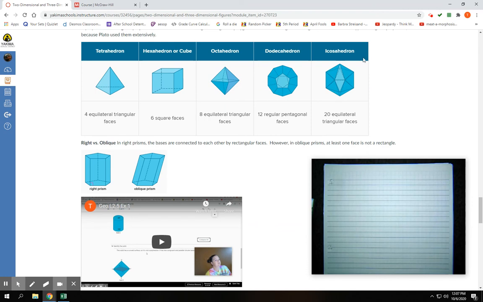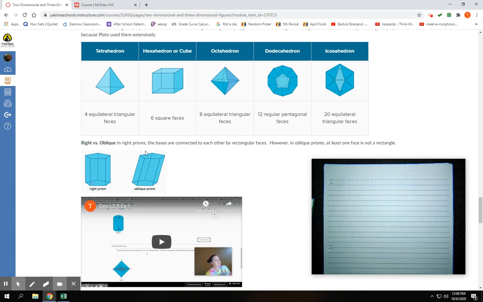I do not expect you to memorize those in any way, shape, or form. They're on our Canvas page, so you can jot them into your notes, but I don't expect you to memorize any of them except for maybe cube. But that's because I kind of assume you guys already know what a cube is.